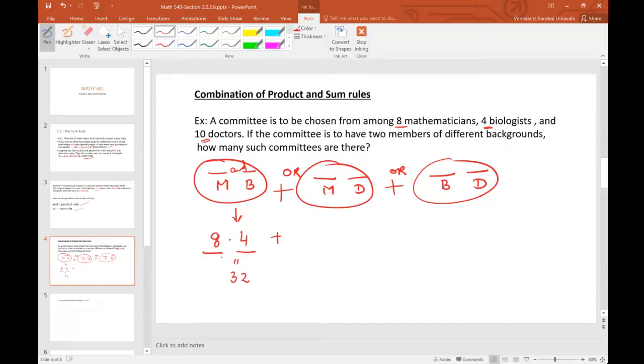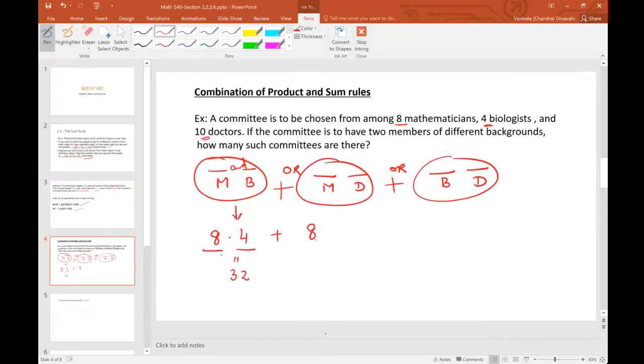Or, using the same logic, a committee with a mathematician and a doctor: you can have 8 mathematicians and 10 doctors. So there are 80 different such committees you can form.